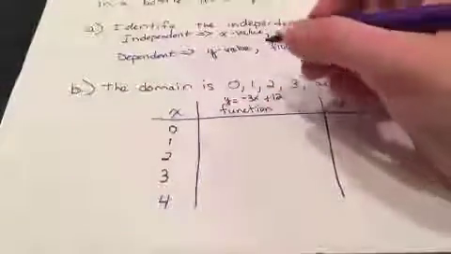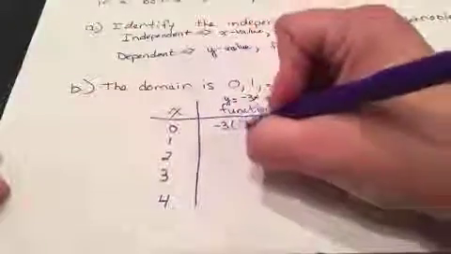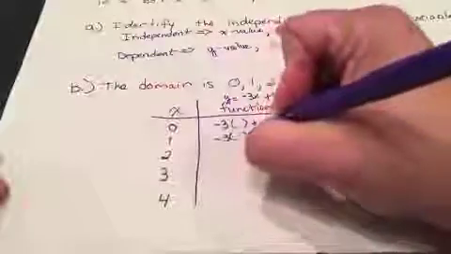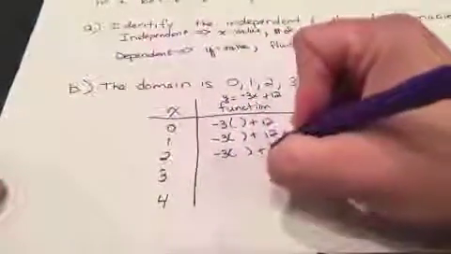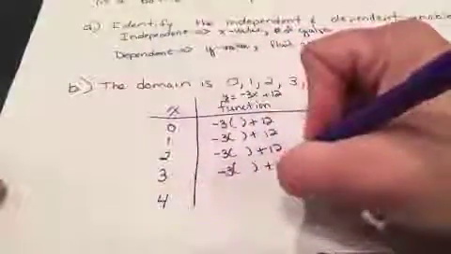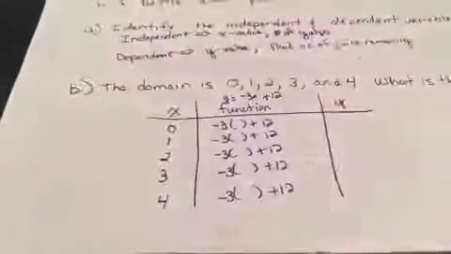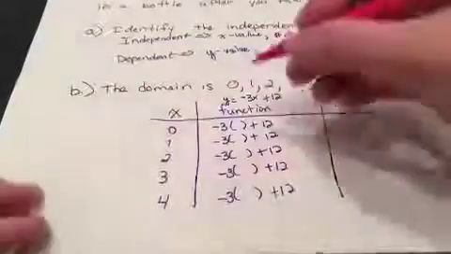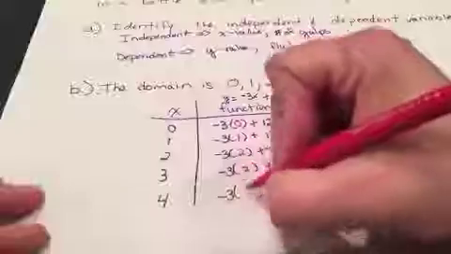So if we look at it, I'm going to just write this out. Negative 3 plus 12, for each of the values. The first values are 0, 1, 2, 3, and 4.